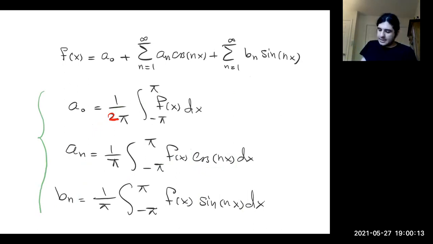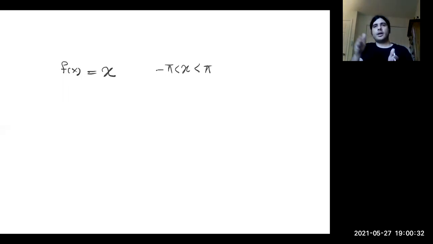So let's do an example. Suppose we have a function f(x). Suppose we are only considering this function, equal to x, the function y equals x. Suppose it's only defined on the interval from minus pi to pi.